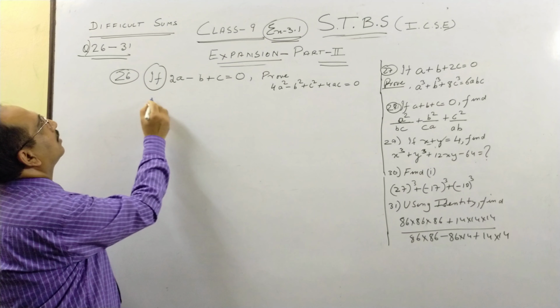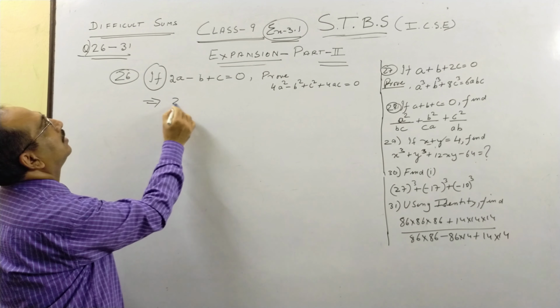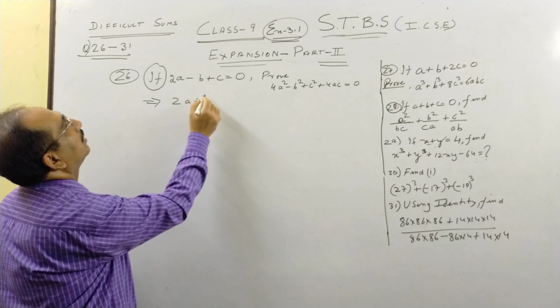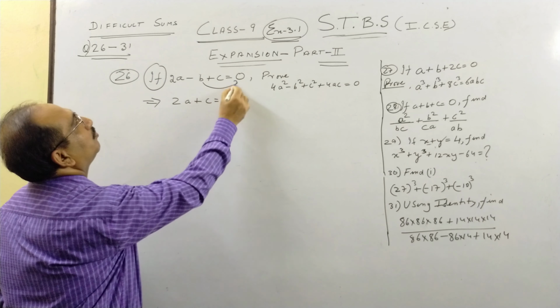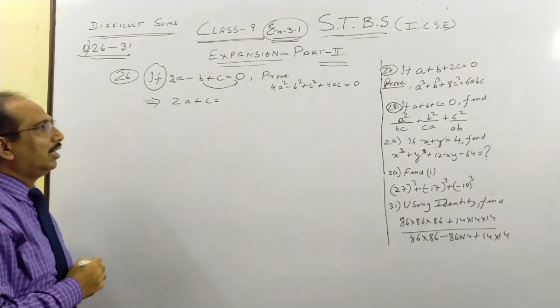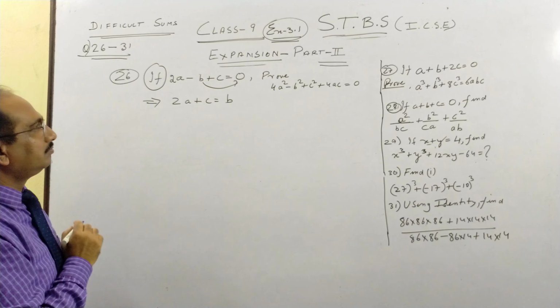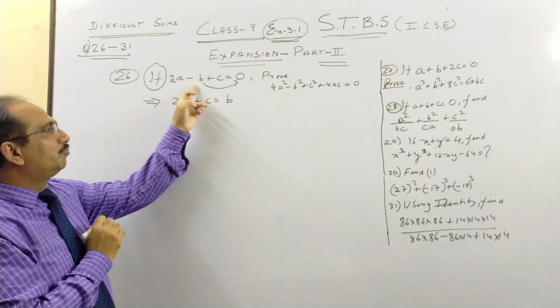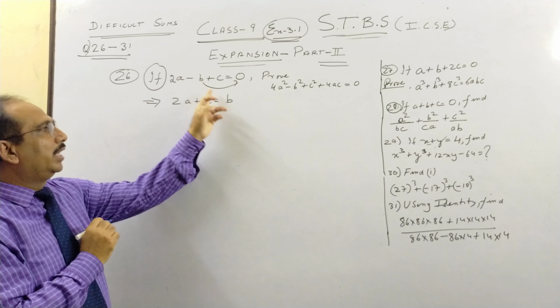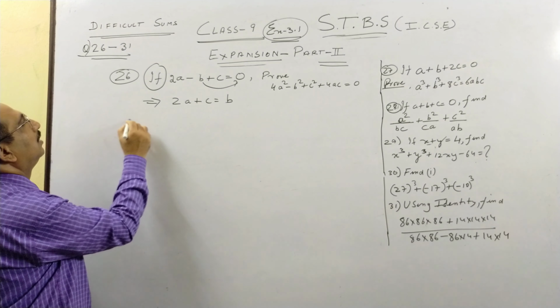As you see, a little transposing we do: it implies 2a plus c minus b, you take to the other side. So we get this. So without doing anything, simply we transpose minus b and it becomes plus b.